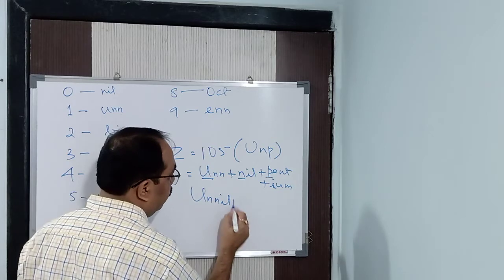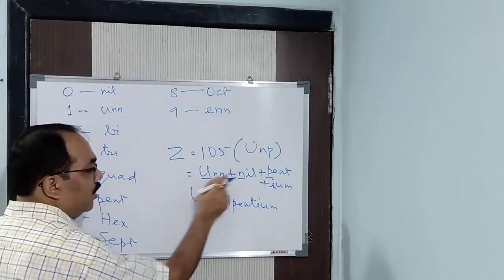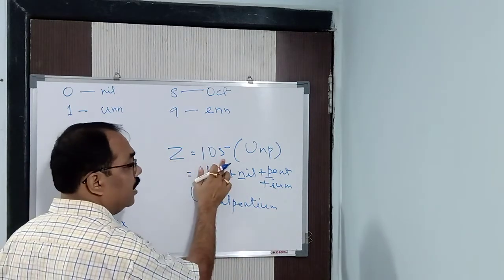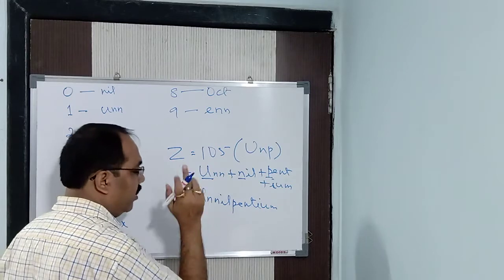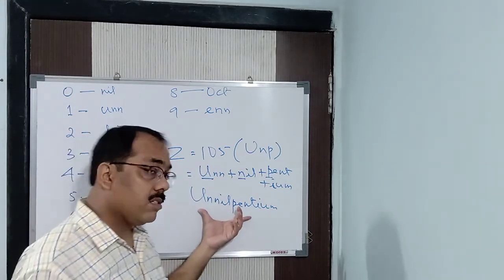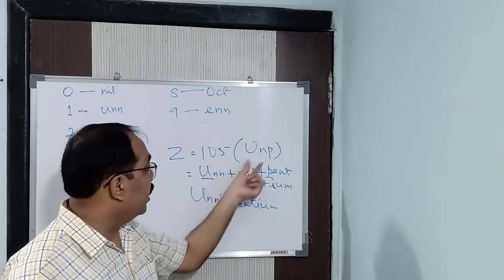So un nil pent ium. This is the IUPAC name of the element whose atomic number is 105. Suppose the element is not discovered, but the name is discovered. The symbol is discovered. The symbol is UNP.